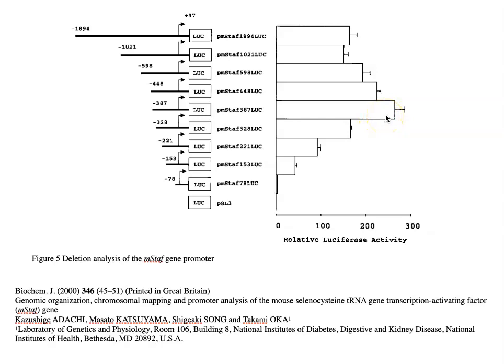And if we cut another 70, it continues to decrease until it completely disappears when we are left with about 78 nucleotides. So, if you have to estimate where the promoter is in this sequence, your best estimate will be between -78 and -387. About 300 base pairs.